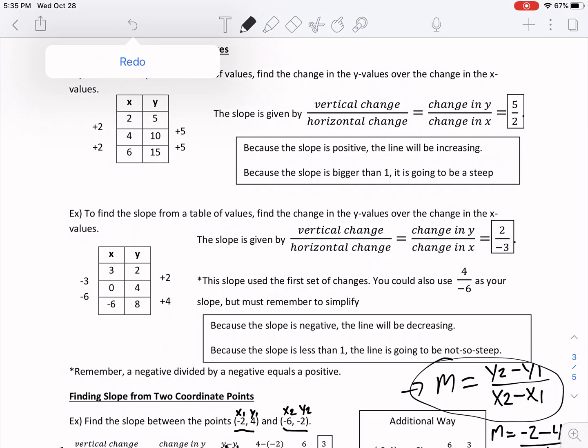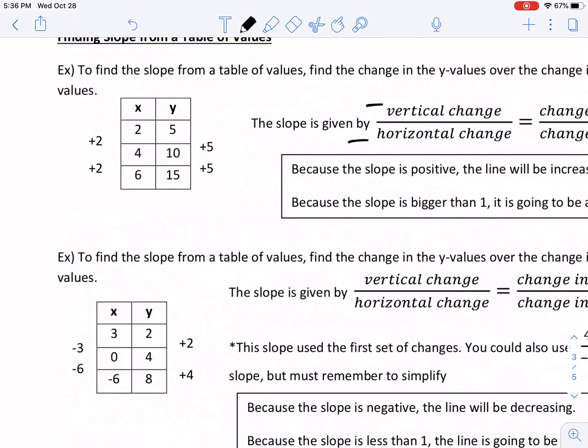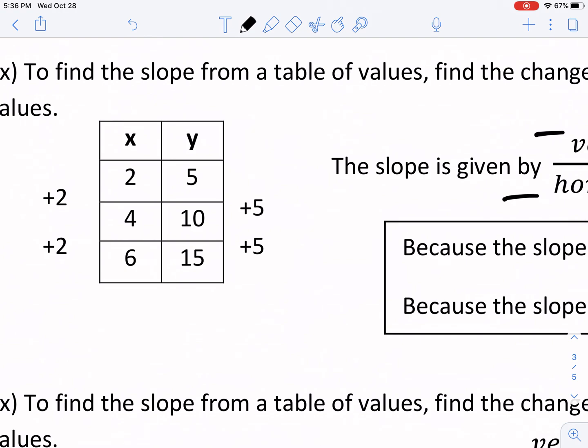Now, we can find the slope thinking of it in terms of our vertical change over our horizontal change, or in other words, how does the y change as I move across the table versus how does the x change? One approach is to think about what changes from one y to the next y. This is a difference of 5.